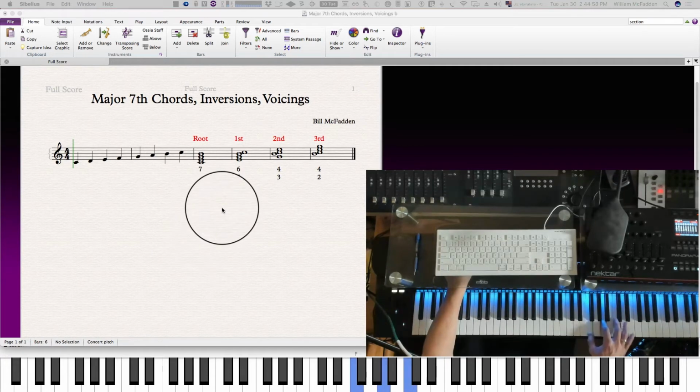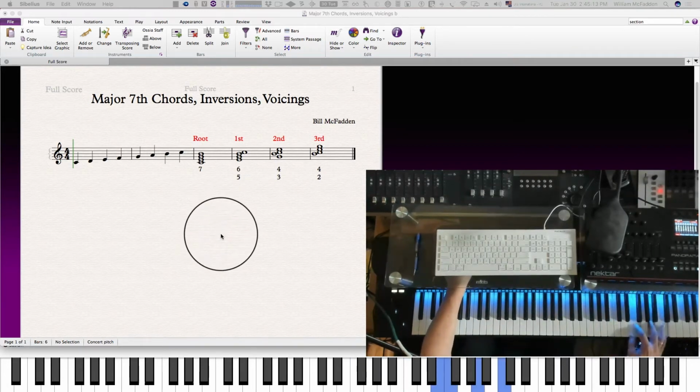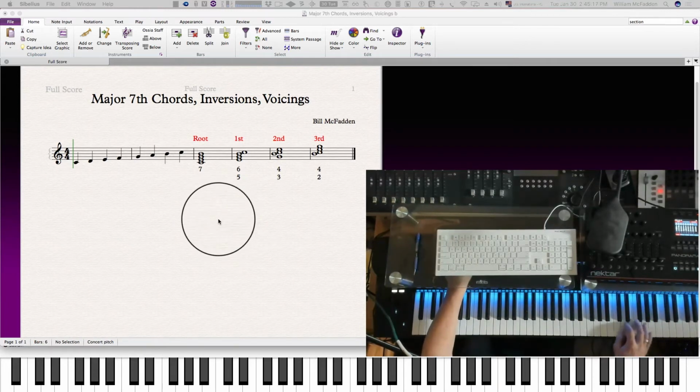So if we're talking about a major F 7th, then the first inversion, you just take the bottom note, move it up. Same way we did with the C. So it's the same principle in not only your major 7ths, but your minor 7ths as well.